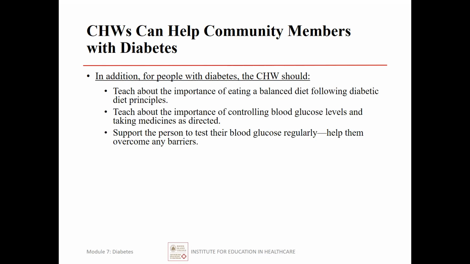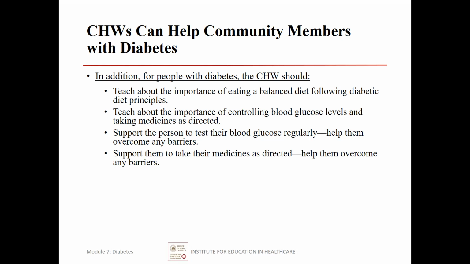Barriers could be anything from "I'm afraid to stick myself," to "I don't think it's important," to "I can't afford the supplies," "I don't have a safe place to do it," or "I can't remember what that nurse taught me." So you want to see, are they able to test their blood glucose regularly? And if not, why not, and how can you support them to be able to do that?